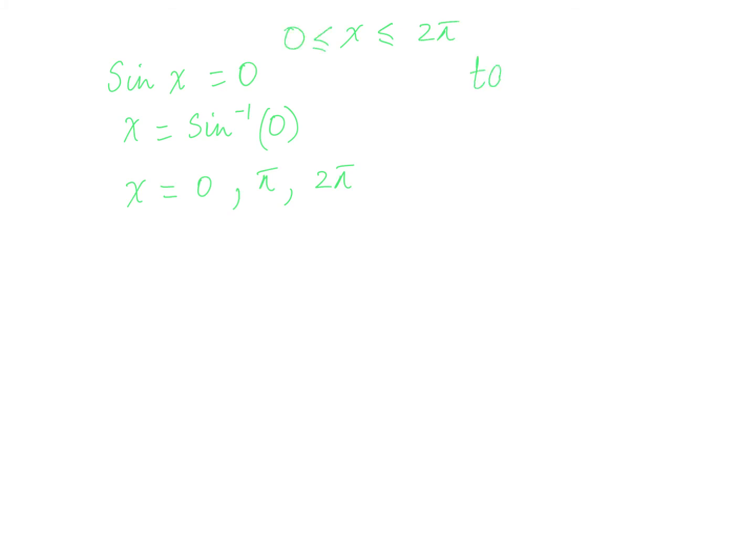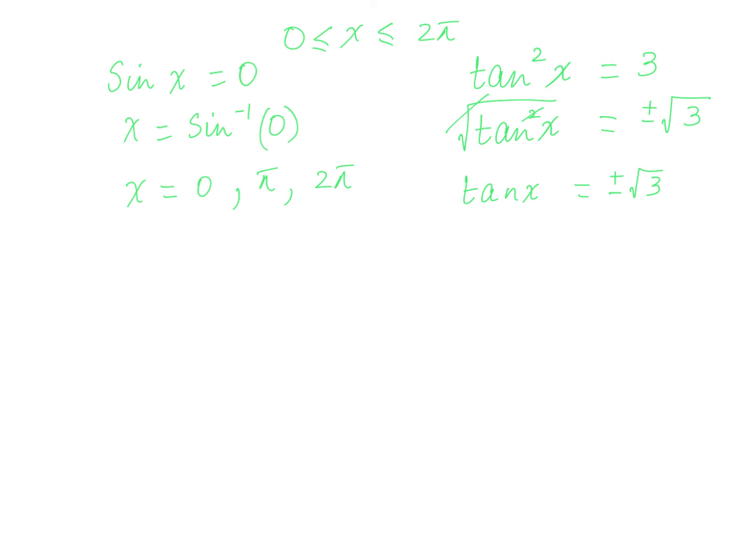And then we have tan squared x is equal to 3. The first thing to solve is to take the square root on both sides. And whenever we consider the square root, we add the positive and negative. So we get tan x is equal to positive and negative square root of 3. Then you have to consider all the angles involved.